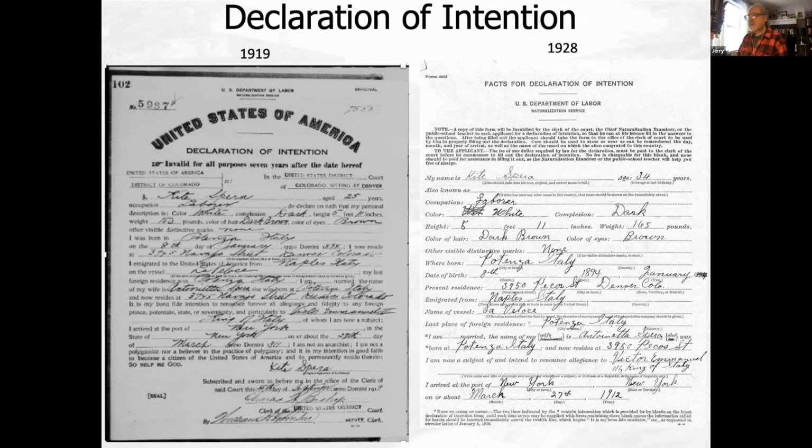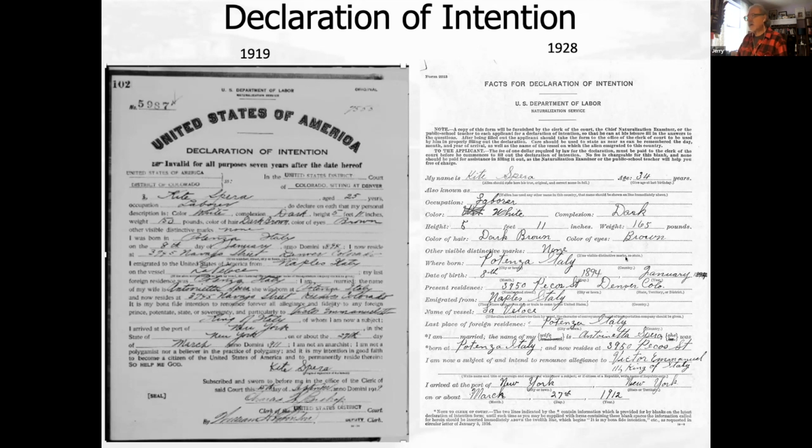And there are some differences in the 2 declarations. This one shows the name of the vessel that he came over on, which is kind of cool. You got that, and it gives his wife's name as well. It gives where he was born.